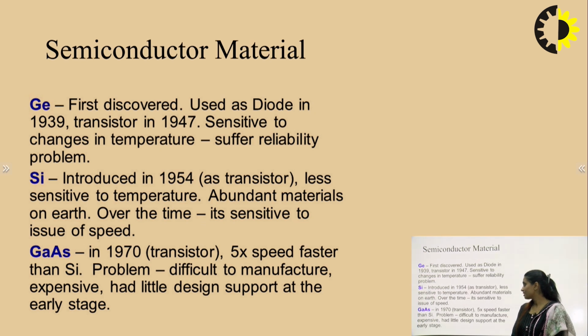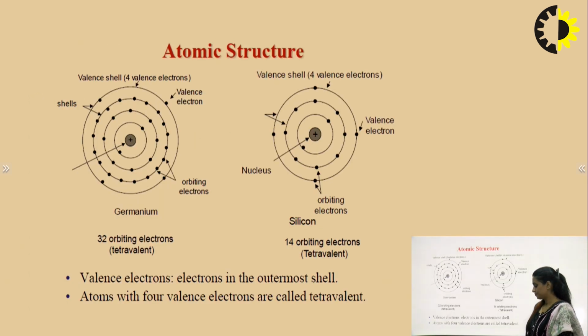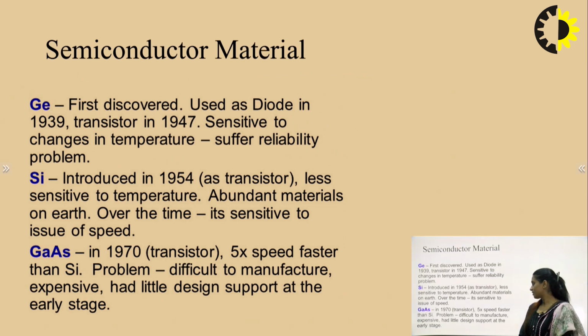Over time, it ran into the issue of speed. So gallium arsenide took over in the 1970s. We made transistors with it. It has 5 times faster speed. But we have certain limitations, like it is difficult to manufacture transistors using gallium arsenide, and it is a little more expensive as well. It had little design support at an early stage, and complexity, right?